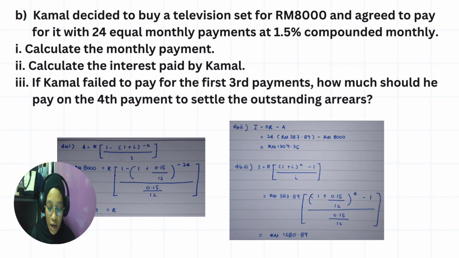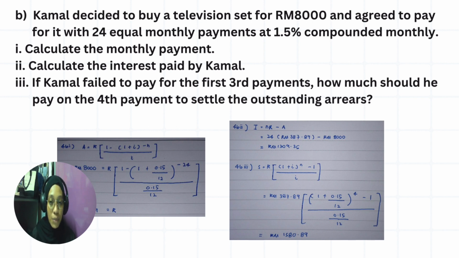And the answer for R is 387 ringgit and 89 cents. For question B2, calculate the interest paid by Kamal.